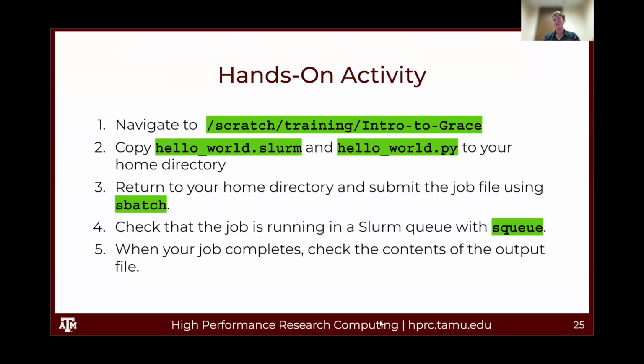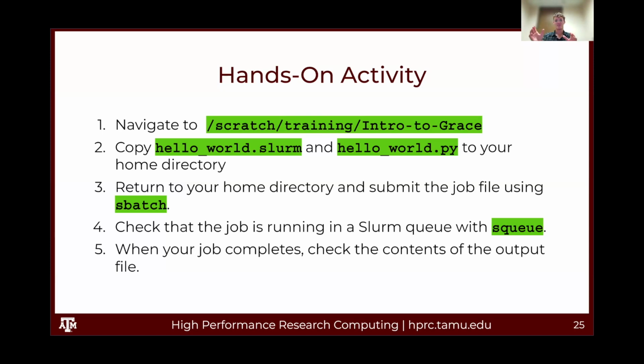Y'all using your Linux skills, I want y'all to go into the shell and navigate to Scratch, Training, Intro to Grace, and then copy hello world.slurm and hello world.py to your home directory. Then go back to your home directory and submit the job file using sbatch.